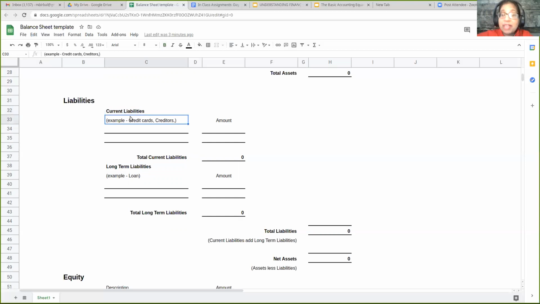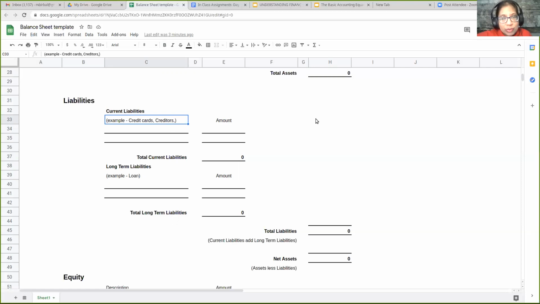For example, if they have a short-term loan or if they owe suppliers money that is due within 1 year, that is another example, and that is also called accounts payable or creditors.